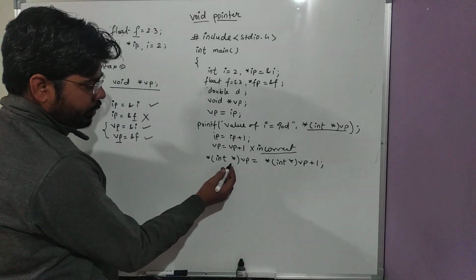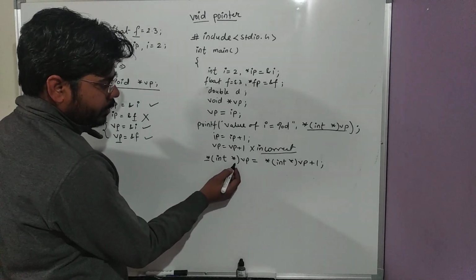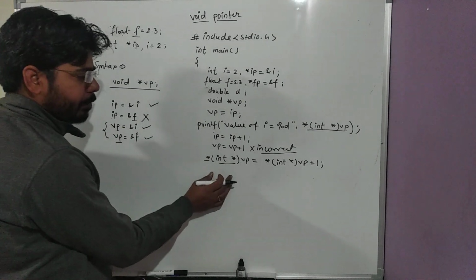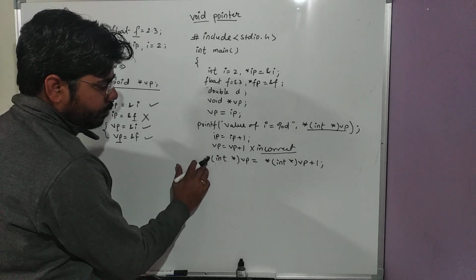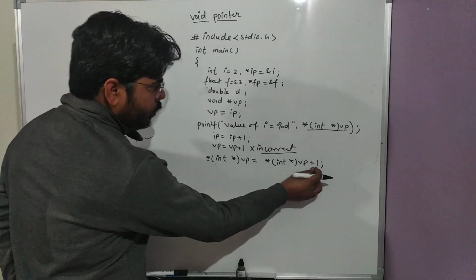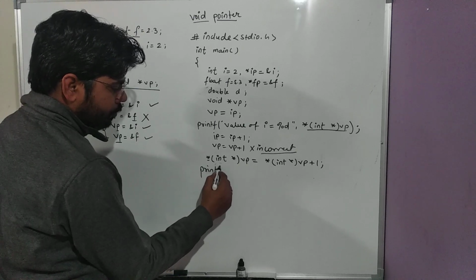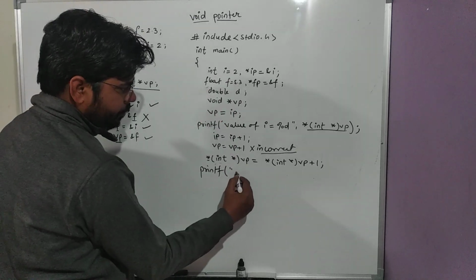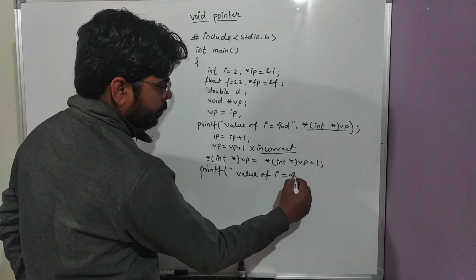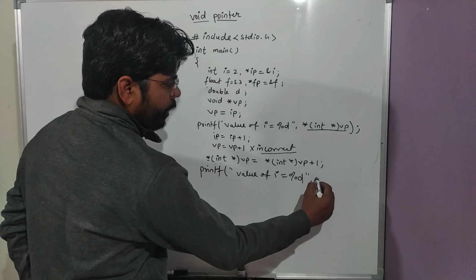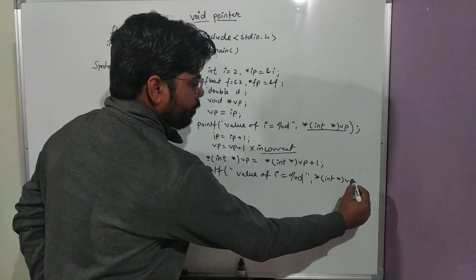And what does this statement mean? This asterisk is the indirection operator, and this int asterisk is nothing but a typecasting of this void pointer to the int type. Okay, now this statement will add 1 to the I value, and if you try to print this value of I, value of I is equal to %d and asterisk int asterisk VP.